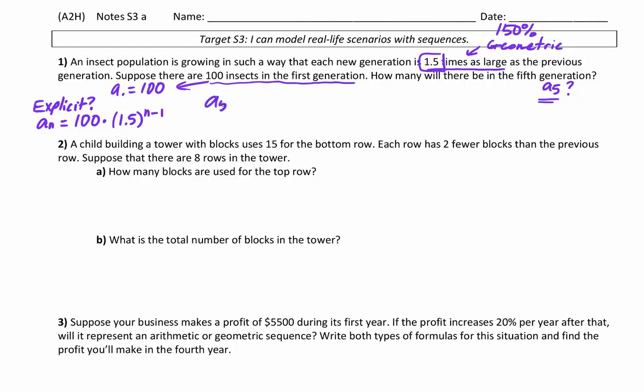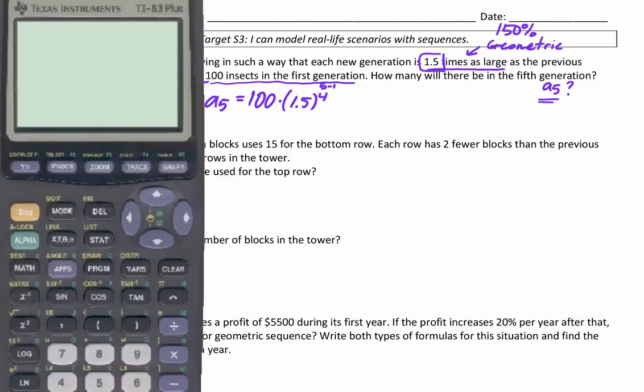So A5 is equal to 100 times 1.5, and then we have 5 minus 1, making a 4 as our exponent. So 1.5 to the 4th power. Okay, so this is where we have to go ahead. We pull out our calculator, and we're just going to type in exactly what we need. So if we have graphs up, we can just do second quit, and that clears it out.